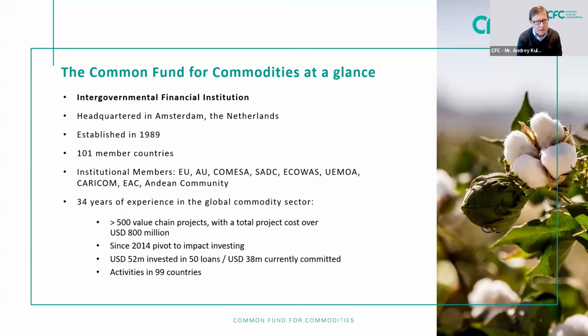And over this time, we invested 52 million in over 50 projects. Currently, we have 38 million outstanding and committed. And over the years, we had activities in 99 countries. So we do have a lot of experience, and we do have the capacity to provide financing where it can make a difference.